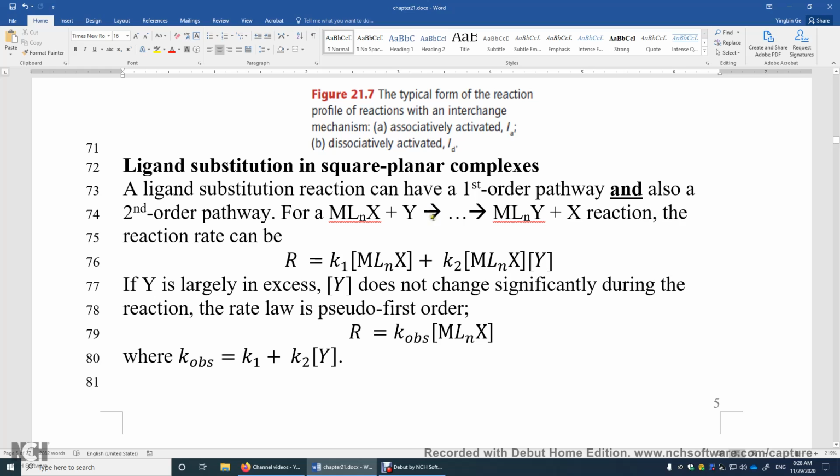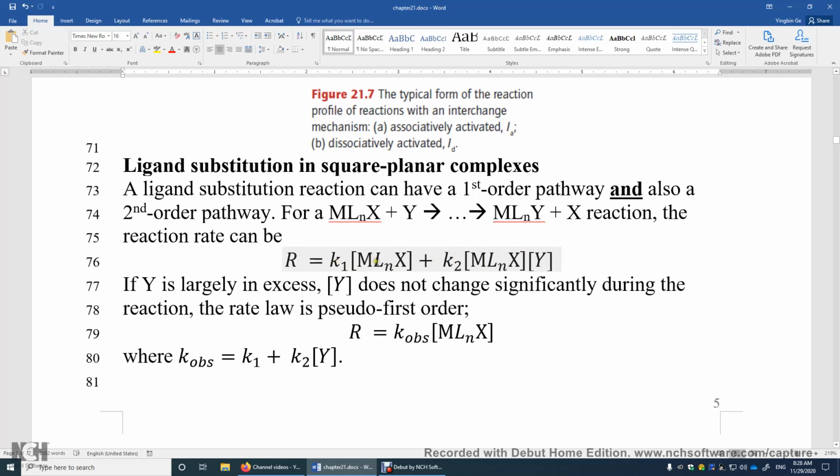Okay, so it's possible that this Y enters here, and this intermediate state involves this M with two bonds, with X and Y at the same time. And in that case, we have two reactants, and I want to say, well, this is a second order reaction. So we have another term here.